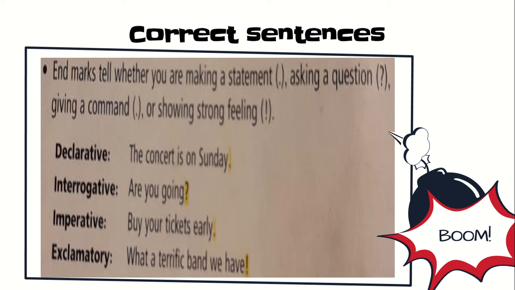Are you going? An imperative sentence begins with a capital letter and ends with a period. Buy your tickets early. An exclamatory sentence begins with a capital letter and ends with an exclamation point. What a terrific band we have.